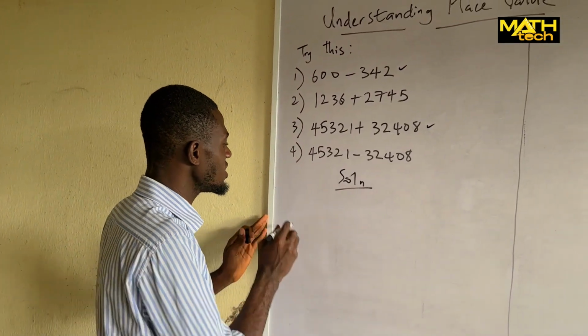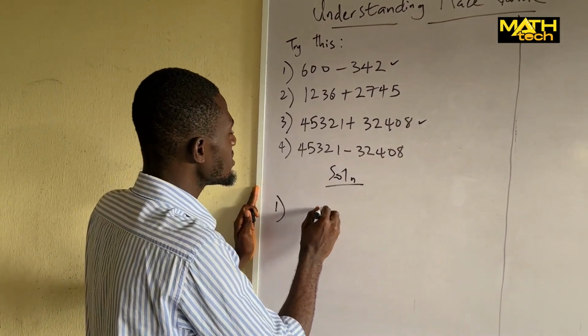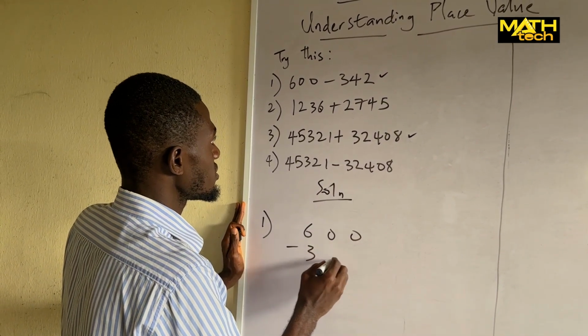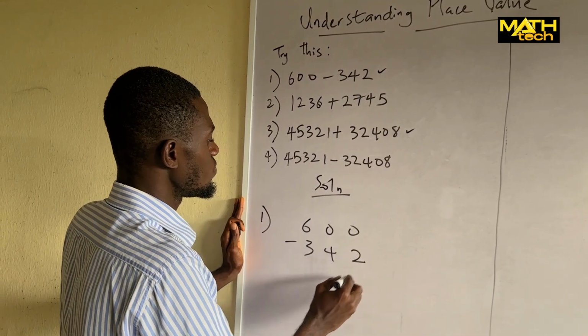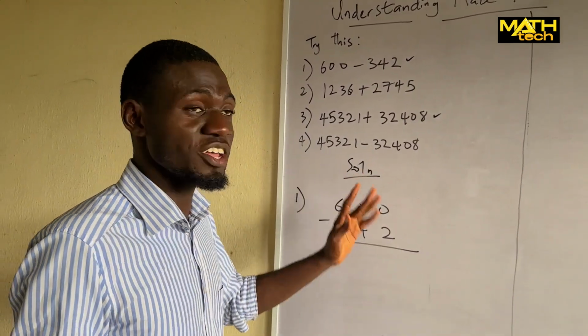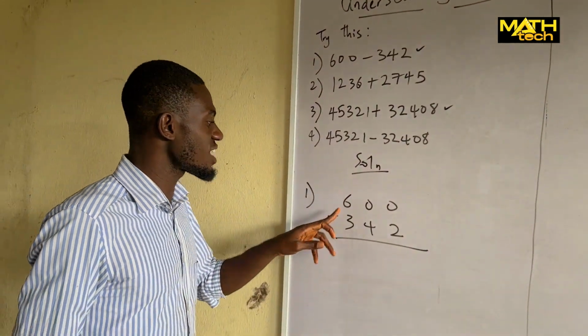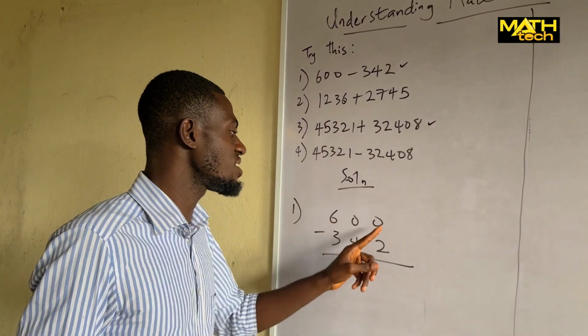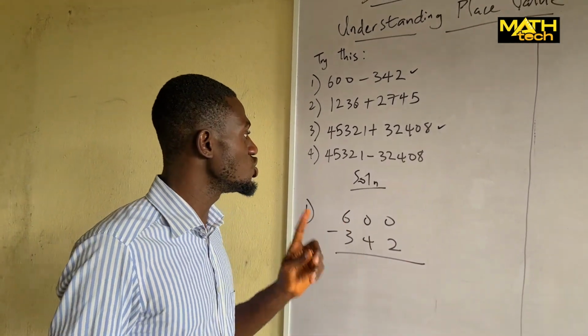Okay, for question 1, we are having 600 minus 342. Now, I won't bother writing the hundreds, tens and units, but note that 6 and 3 here represent hundreds, 0 and 4 here represent the tens, and 0 and 2 here represent what? The units.